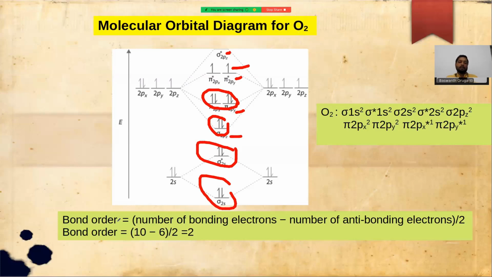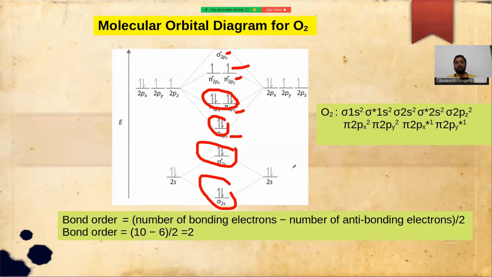The bond order can be calculated as the number of bonding electrons minus the number of anti-bonding electrons, by 2. So here we count the bonding electrons: 2 in sigma 1s, 2 in sigma 2s, 4, sigma 2pz 2, 6, and pi 2px and pi 2py, 2 plus 2, 4.